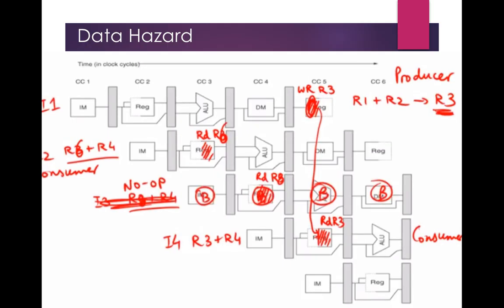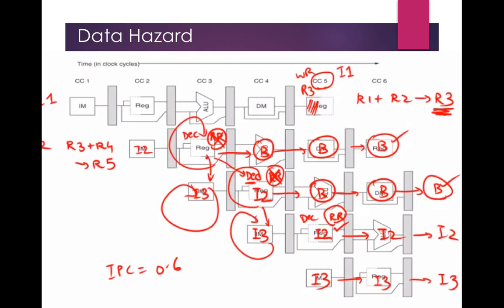Till now we had to provide a bubble, because we got the updated information of R3 only at clock cycle 5. Until that time we can't proceed with any useful work, until the instruction reaches clock cycle 5.